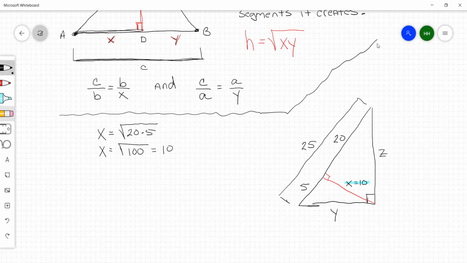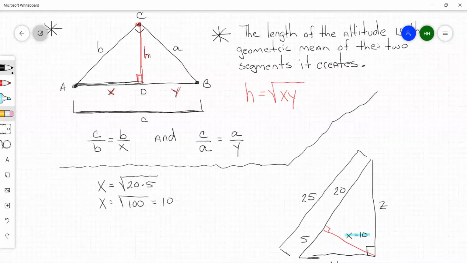Now we're going to use these second rules, proportions, to solve for y and z. So look what we said up here. We said that this whole hypotenuse, which was C, over its adjacent side, B, equals its adjacent side over its adjacent segment.